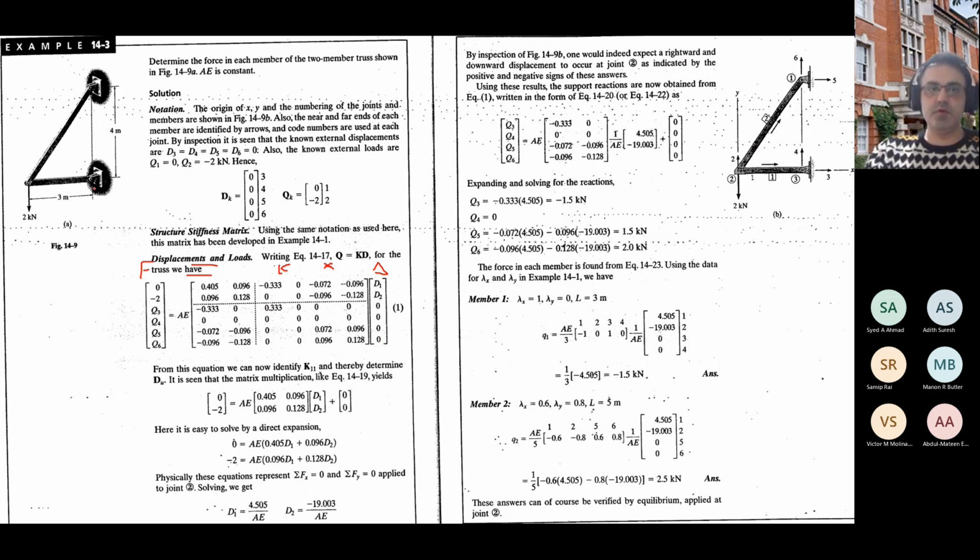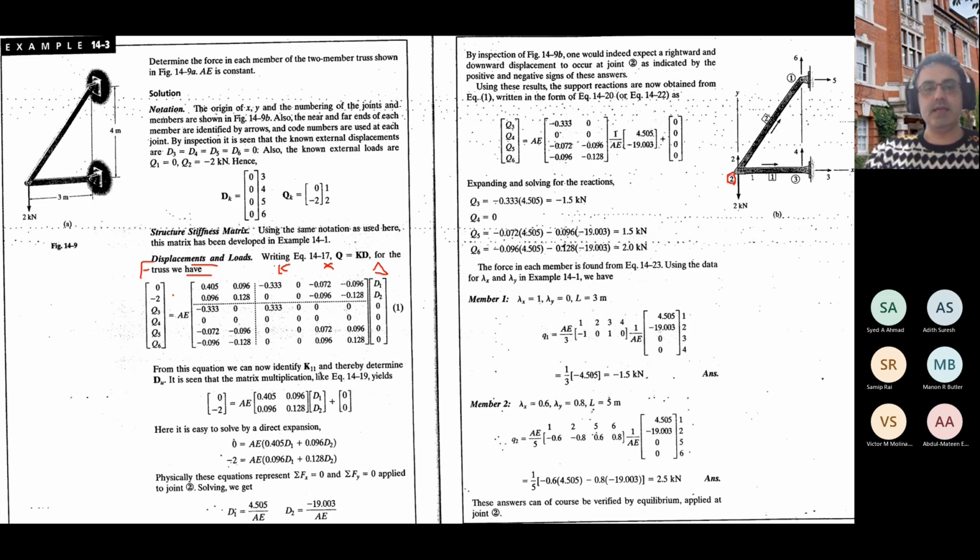I have two simple supports here, which makes D3, 4, 5, 6 zero, and I only have D1 and D2. They are free to move, and they correspond to node number 2. So this is node number 2, and degrees of freedom 1 and 2 are free to move. On the other hand, the one on the left is the force matrix, or better said, the external force vector.